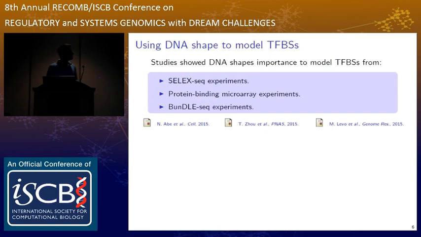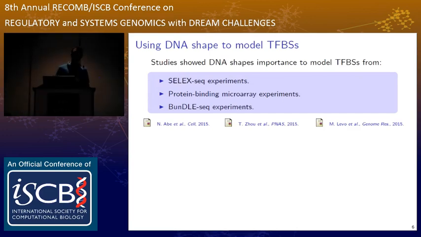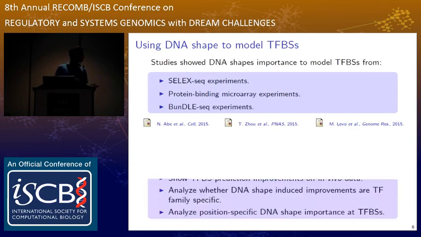Here I highlight some of the recent publications this year, where they've shown that the incorporation of DNA shape was enabling better modeling of transcription factor binding sites using in vitro data. And in our study, what we wanted to do is to focus on in vivo data to see how this translates to ChIP-seq data.